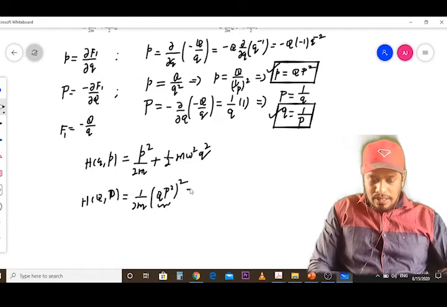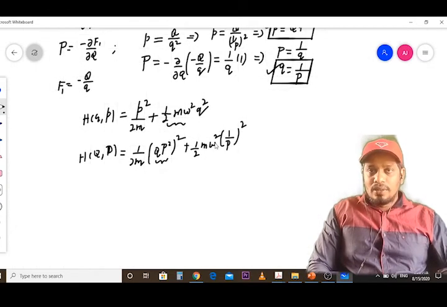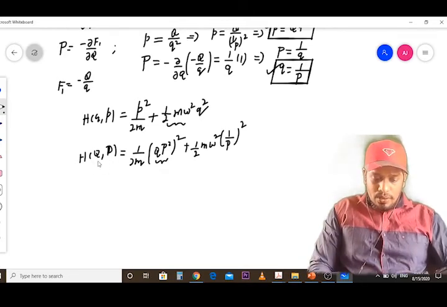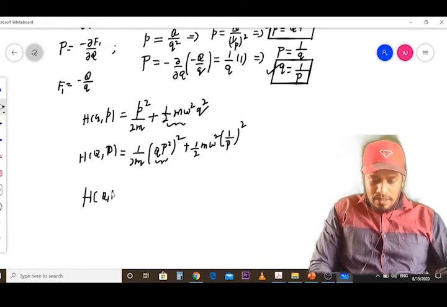Plus, we write half m omega square times small q square, where small q is 1 by capital P, so small q square means 1 divided by capital P whole square. Now the right hand side is only in the new coordinates, so the transformed Hamiltonian is a function of capital Q, capital P.